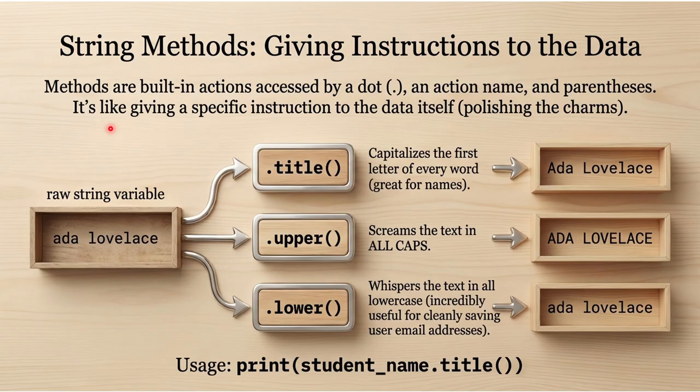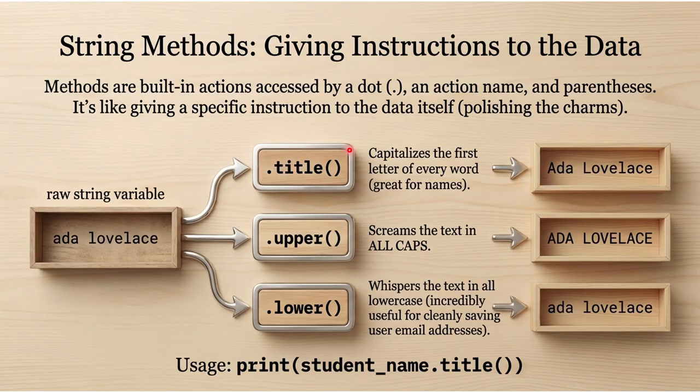So it is like giving a specific instruction to the data itself, polishing the charms. So what does this whole line mean? You access a method through three things. First is the dot, second is the name of the method, and third is this parenthesis for calling it.